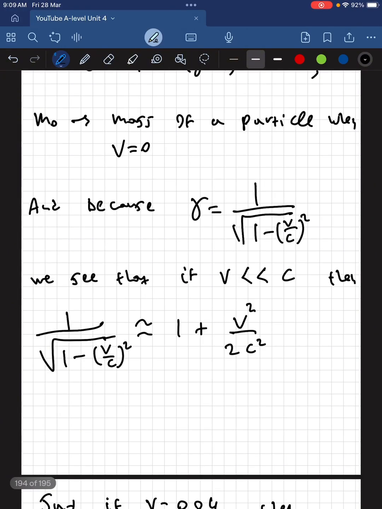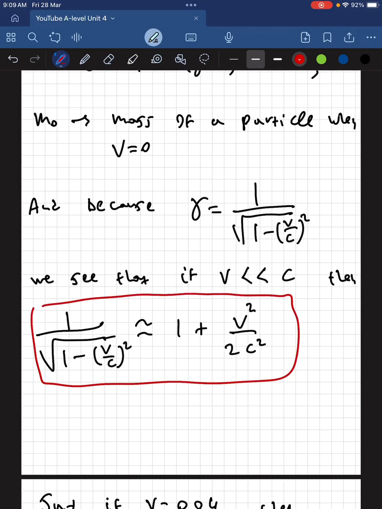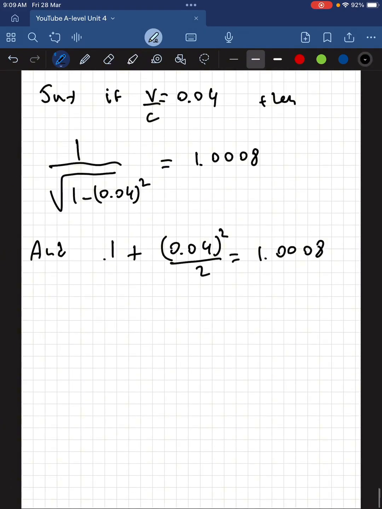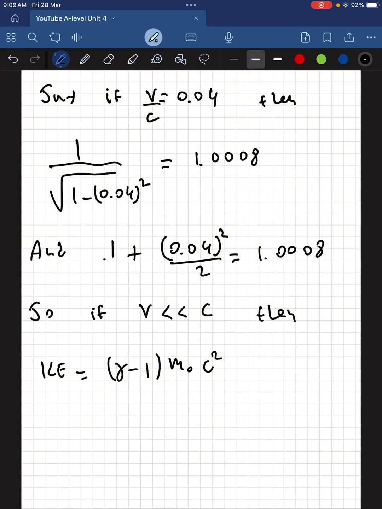So this is called an approximation. This is an approximation of this function: we expand it, and if v over c is much smaller than 1, these two are equal. So if v is much smaller than c, then kinetic energy, remember, is (gamma minus 1) mu c squared.